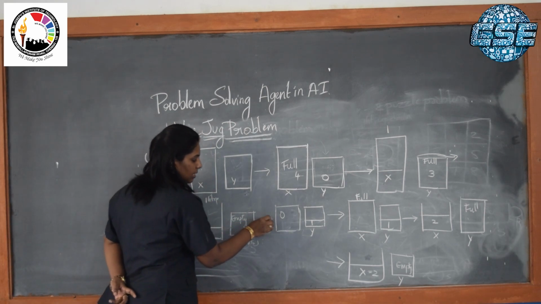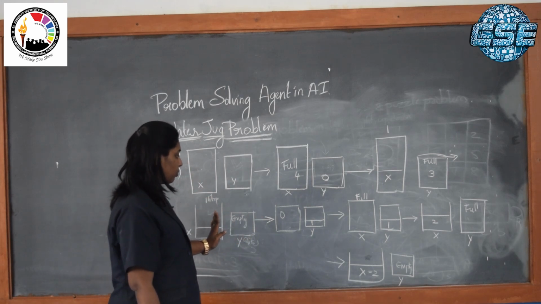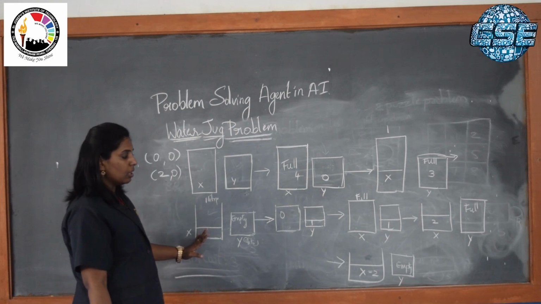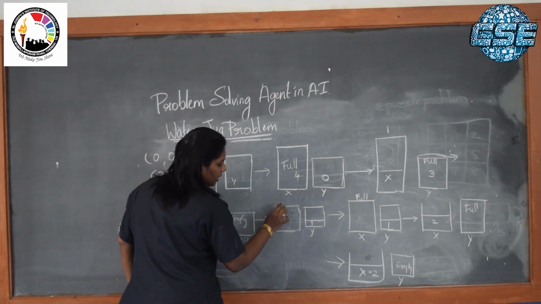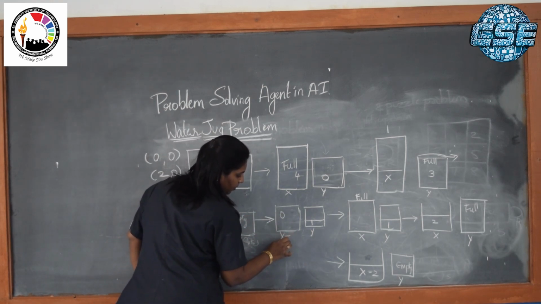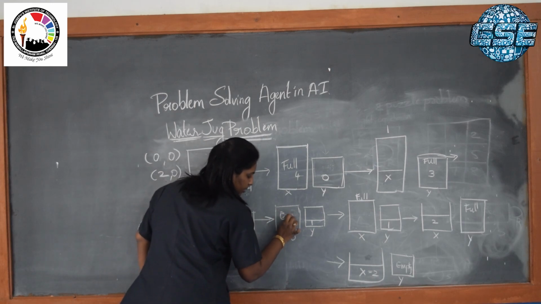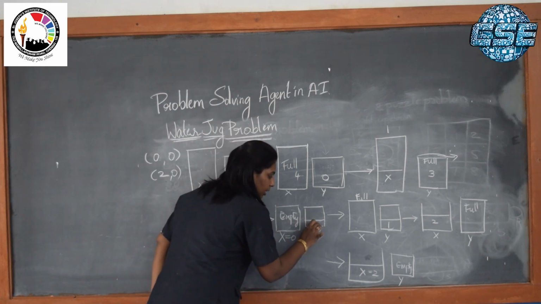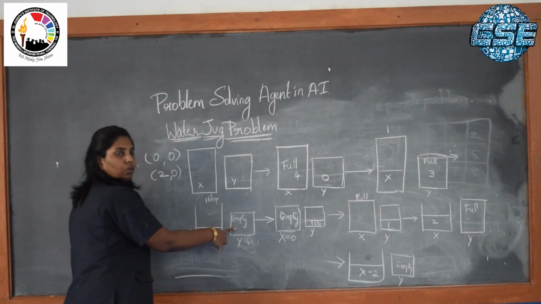Next, we are transferring the 1 liter of water which is present in the 4 liter jug X into Y. So now X will be 0, that is the 4 liter jug will be empty, and Y will have 1 liter of water, as the water is transferred from X jar to Y jar.